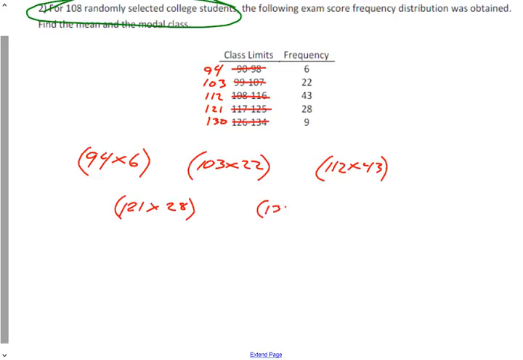And 130 was 9 times. And what we're going to do is add all of that up, because the mean is still all the values added up divided by the total. Now, when I add these up, this is going to take a minute.